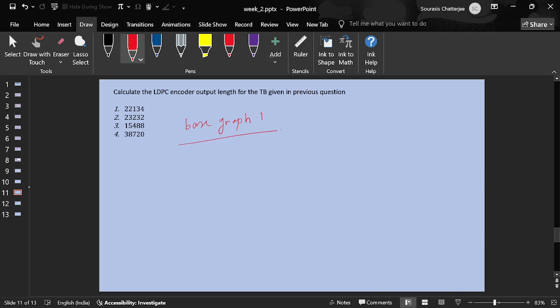What is the mother code rate for base graph 1? Mother code rate basically means the code rate at which the LDPC encoder encodes the code word. It is 1/3. So can this help me get the output code block length?